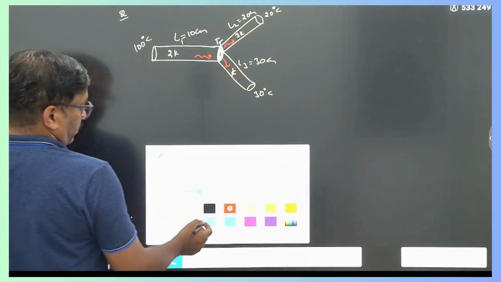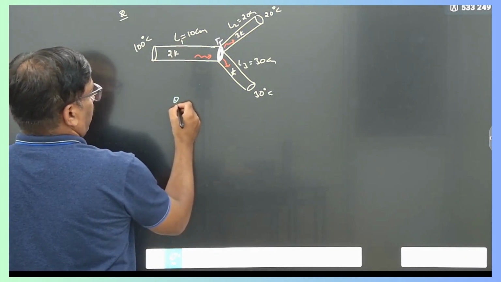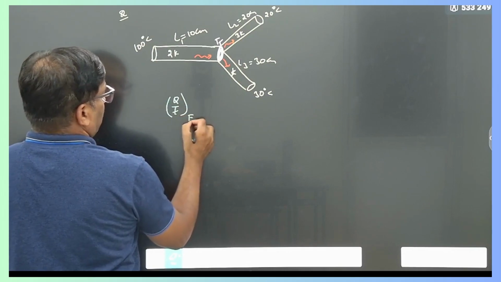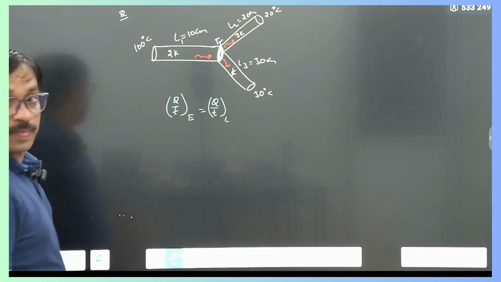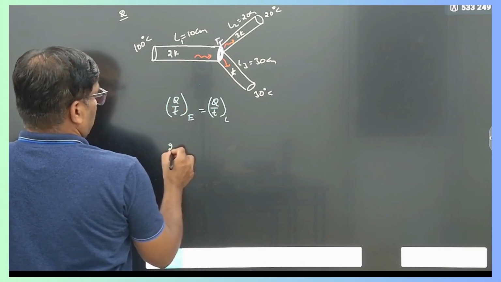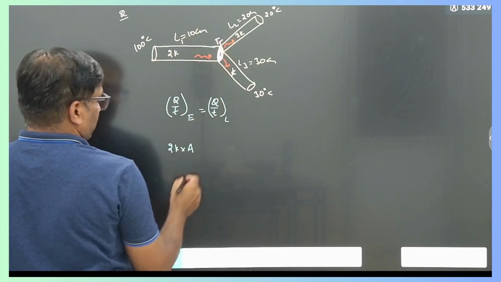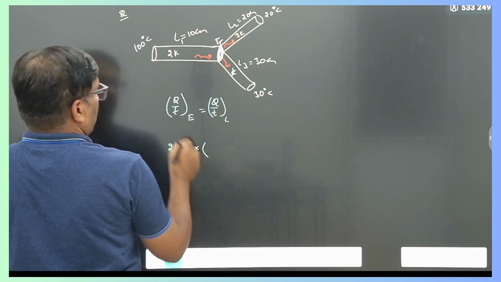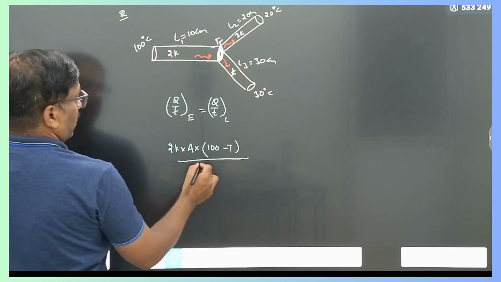So here we can rewrite it: whatever amount of rate of flow of heat is entering, that much amount of rate of flow of heat is leaving. Rate of flow of heat, how much now? Here K is 2K into area of cross section, all area of cross sections are the same, into temperature difference, which is 100 minus T, divided by length equal to 10.